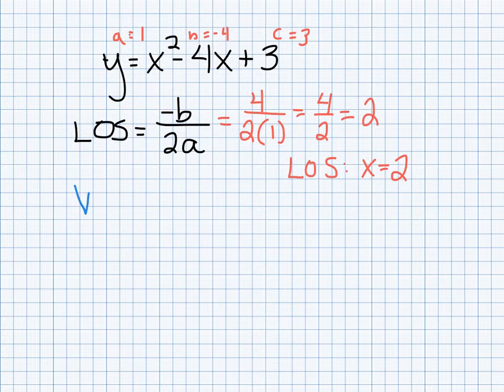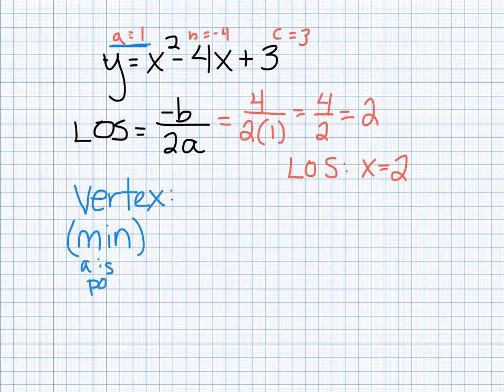Now for the vertex. We look at this: a equals 1, a positive number, so we know our vertex is a minimum, because a is positive.